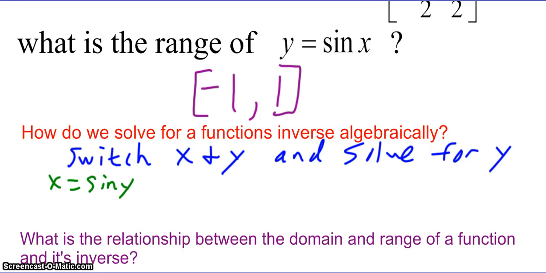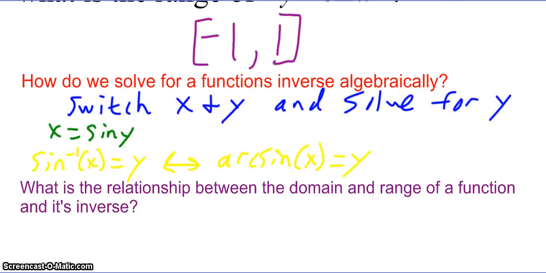So instead we use the arc or inverse function, and I end up with sine inverse of x equals y. The other way to write this, and we'll see this again in a minute, is arc sine of x equals y. So arc sine and sine inverse are the exact same thing, it's just two different ways to write it.